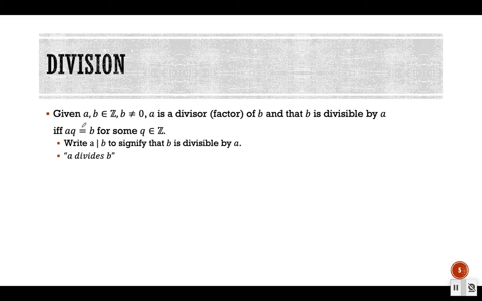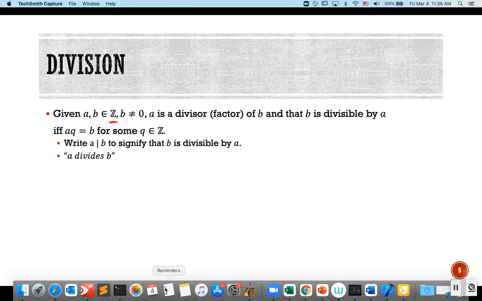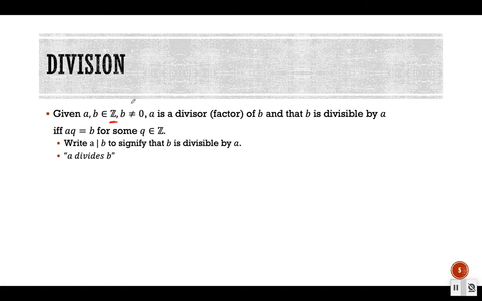So let's see, we have two numbers a, b that belong to the integers. I'm reminding you again, this chapter is mostly about integer numbers. So given two numbers a, b belonging to Z, a is not 0. Here it should be a is not 0.